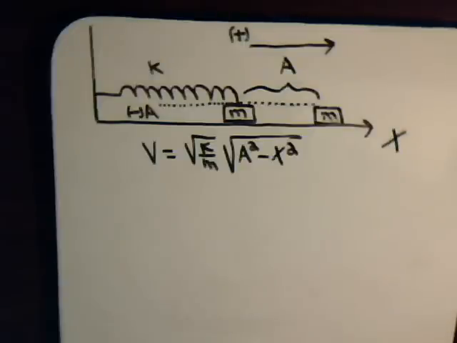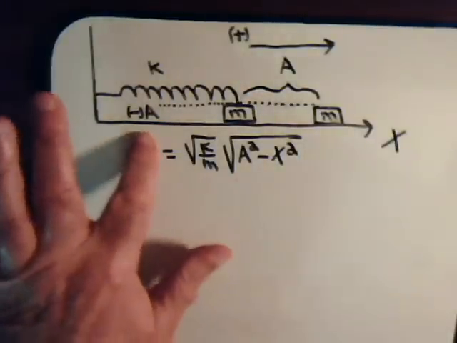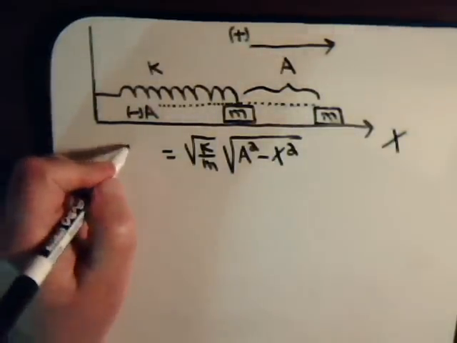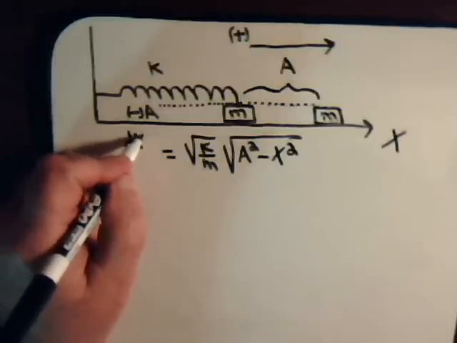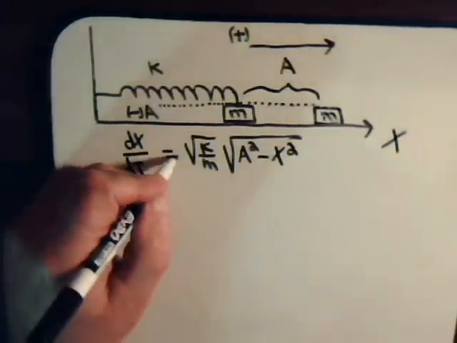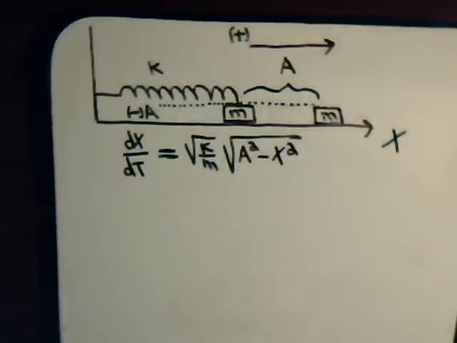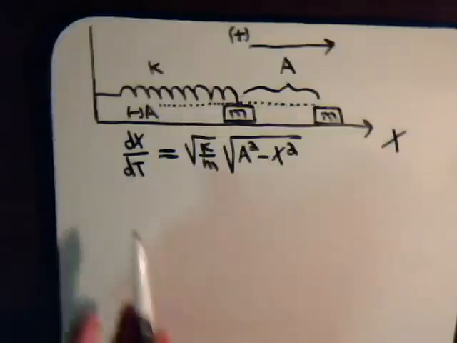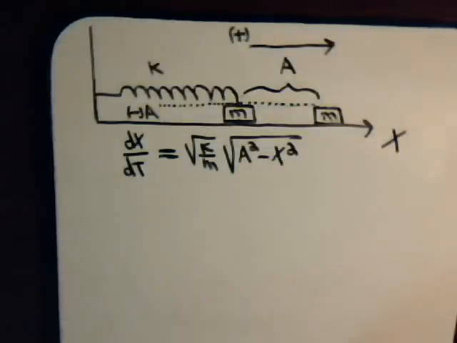Now we can probably use this equation to get more information about the system if we consider the velocity for our simple system as just dx dt. With some simple manipulations, we can put this on this side of the equation and this over here.